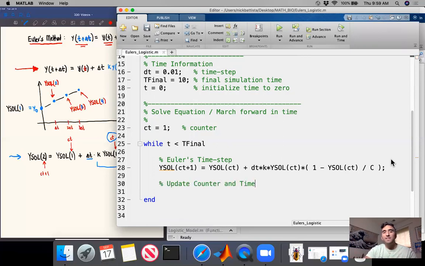We need to update the counter in time, because so far we just said, whenever time is less than time final, just keep doing this. And we initialize time to be 0. So right now time is less than t final because t final is 10. So we're just going to keep doing that, but we've never actually updated what time is. So we need to say time is equal to time plus dt.